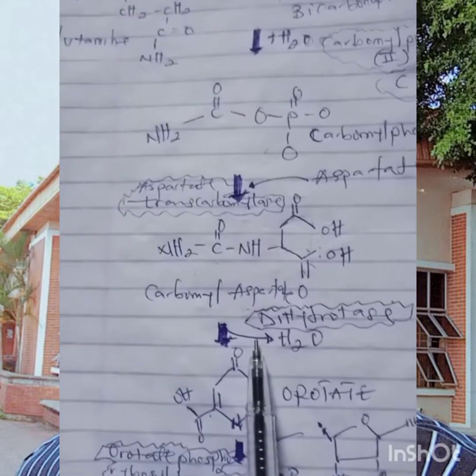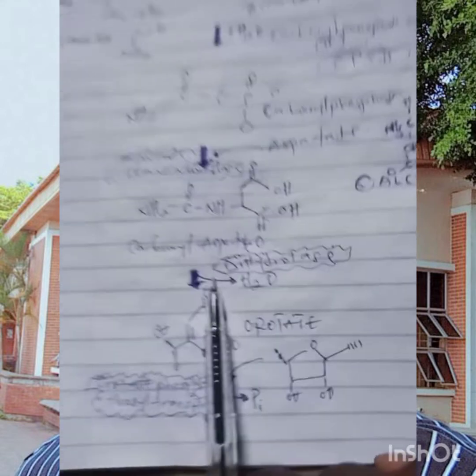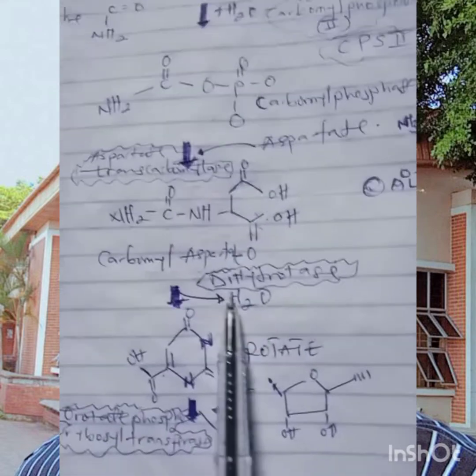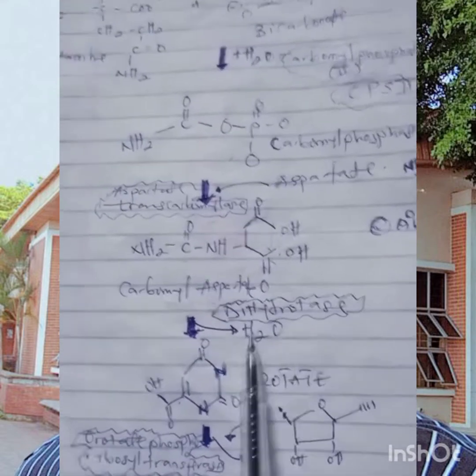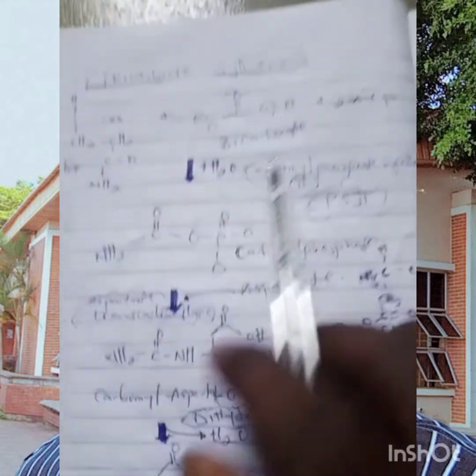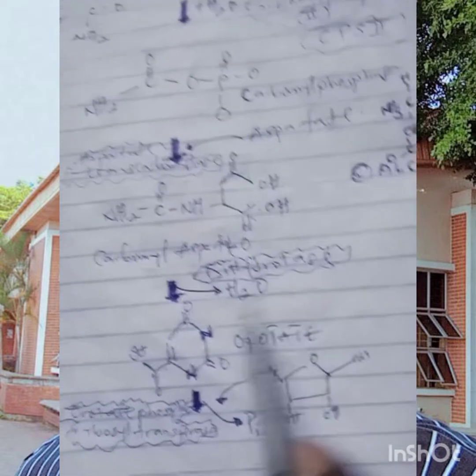So in the next process, we have dehydrogenase. It is catalyzed by the enzyme called dehydrogenase, and in that same process we have to remove the water we added in the initial process. The water we add will also be recycled back out of the system.